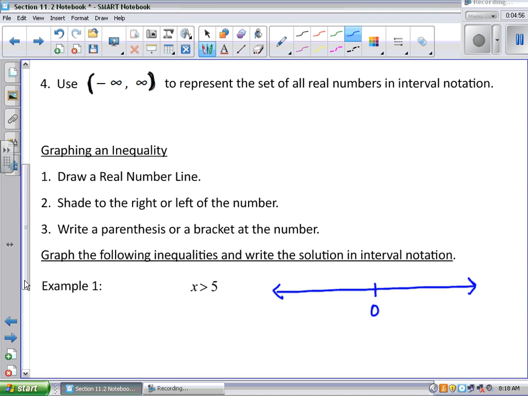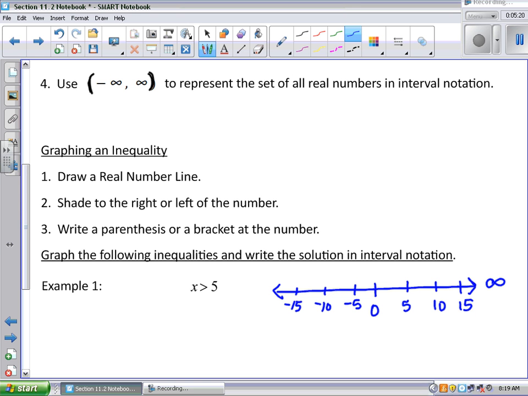Positive numbers go to the right, so let's do 5, 10, 15. And as we keep proceeding to the right, we use the symbol infinity to indicate that it keeps going in that direction. When we go to the left of 0, we get negative numbers, -5, -10, -15.